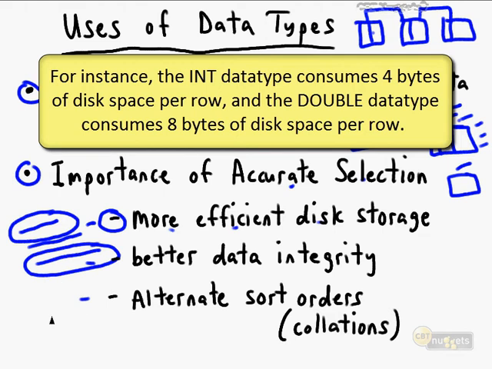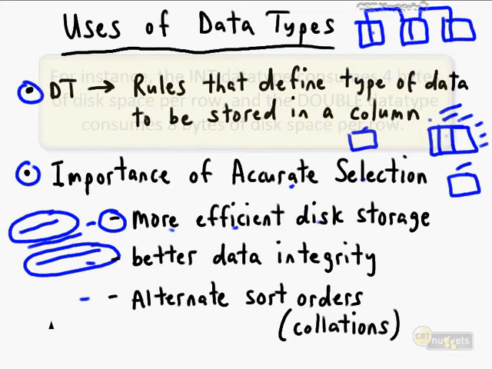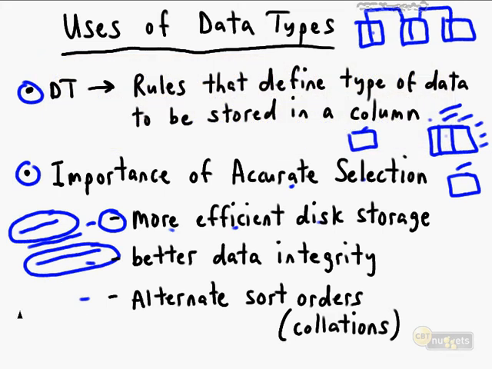Similarly, for a string data type to store alphanumeric data, if you choose, for instance, a char instead of a varchar, simply because you don't know the difference or the ramifications in disk storage between those two types, a char 50, let's say, versus a varchar 50, you're consuming 50 characters or 50 bytes of space for every row in the table that has a column of char 50.